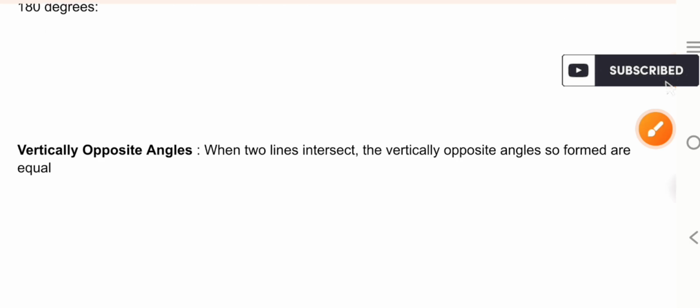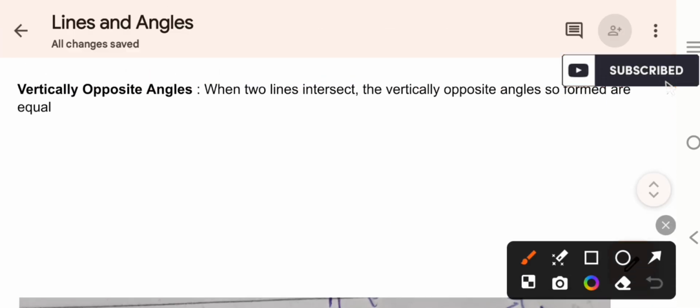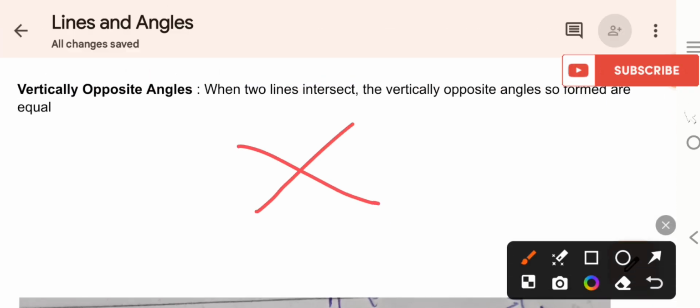Next one is vertically opposite angles. When two lines intersect, the vertically opposite angles formed are equal. Then both these angles should be the same.